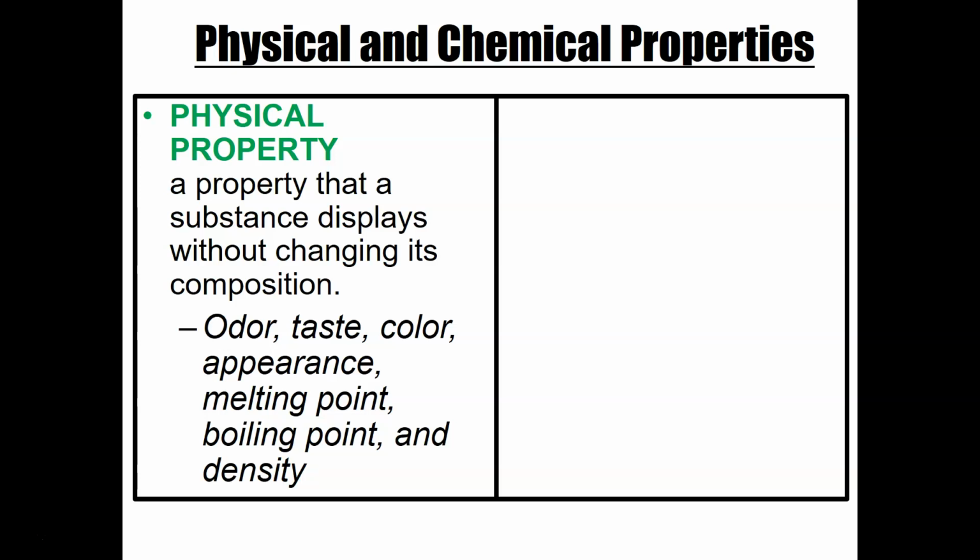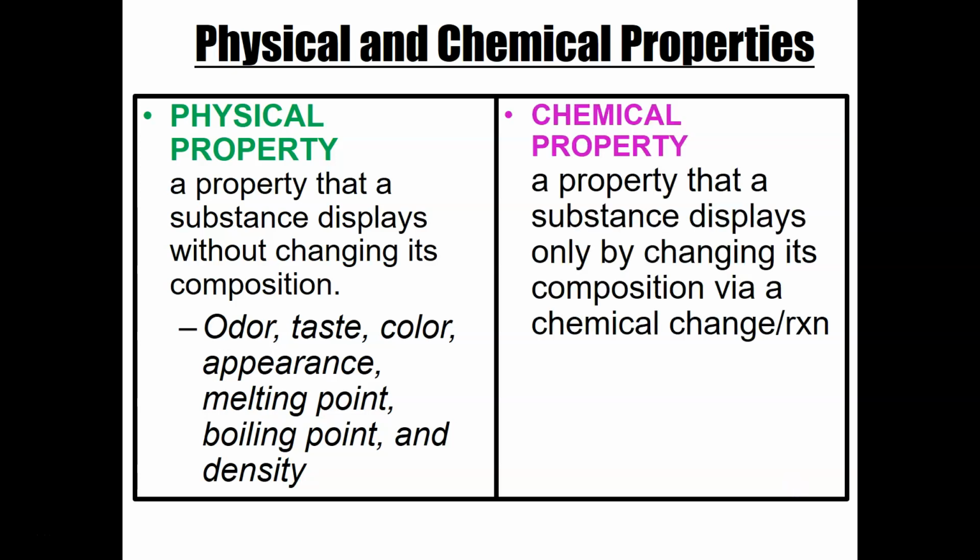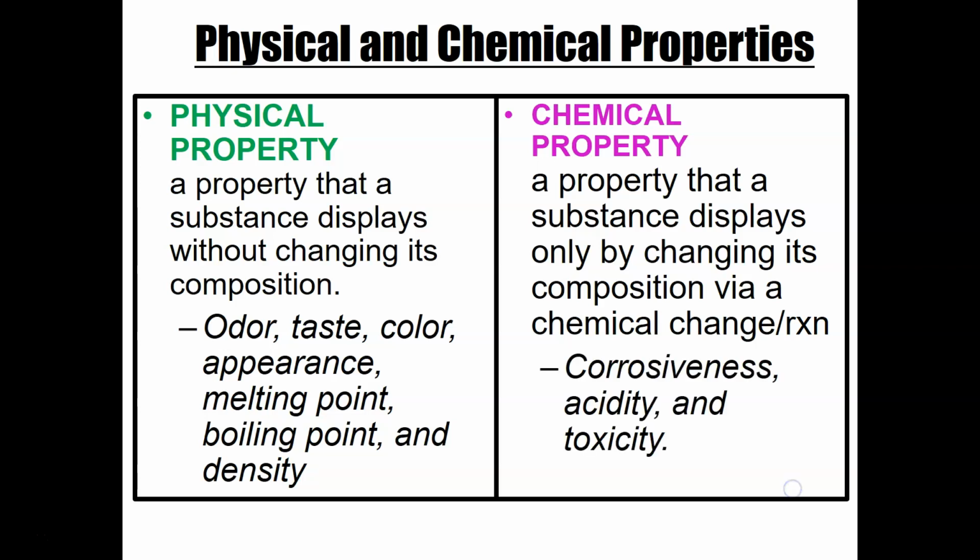If you're describing what it looks like, that's really a physical property. A chemical property is basically when you're describing a reaction that could potentially happen. It might be corrosive, it might be acidic, it might be toxic. So you're describing chemical reactions that could potentially happen.